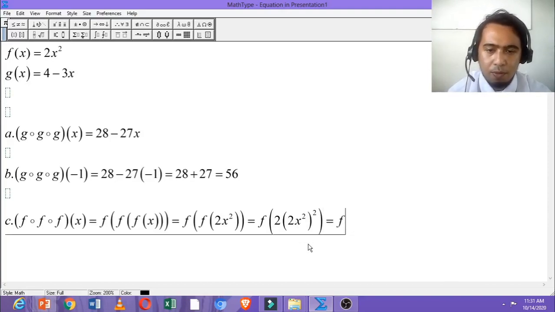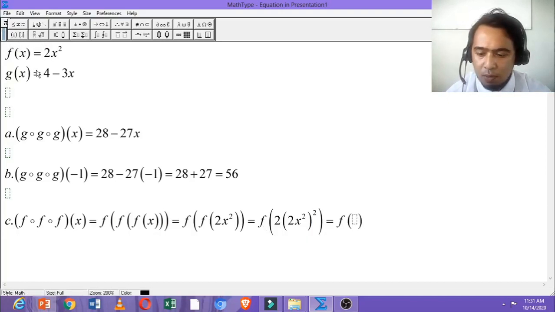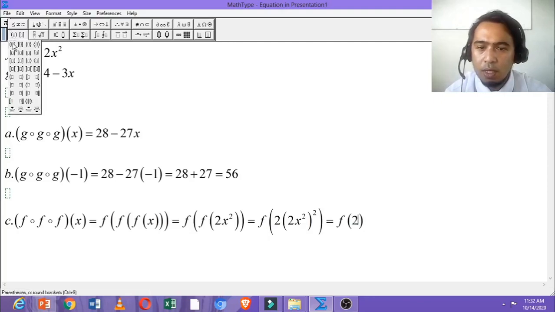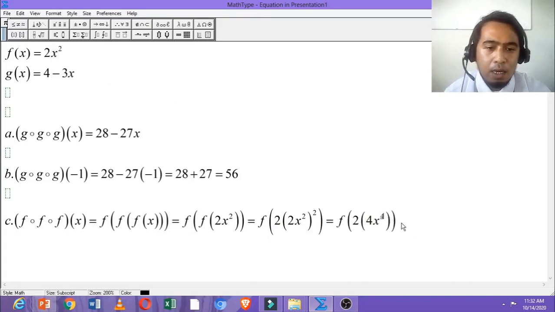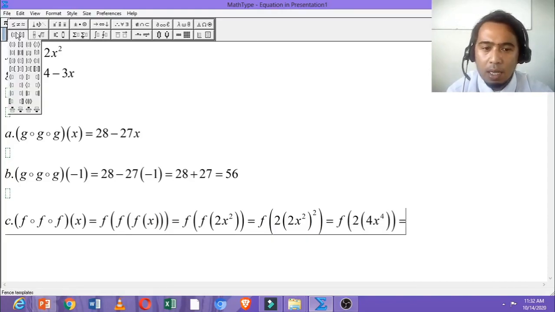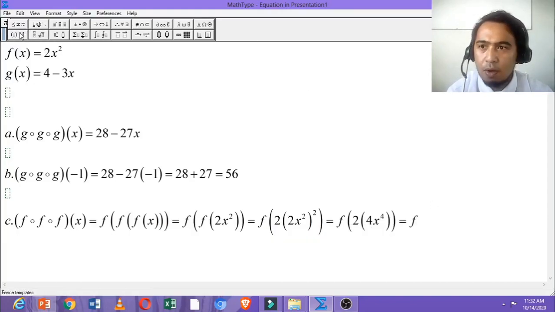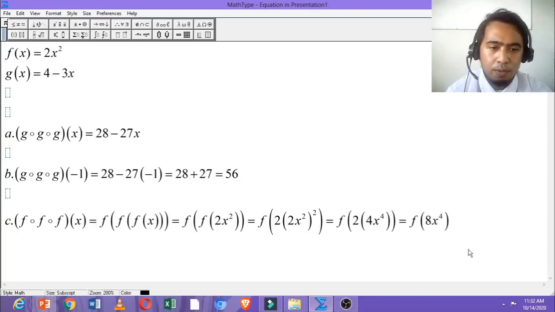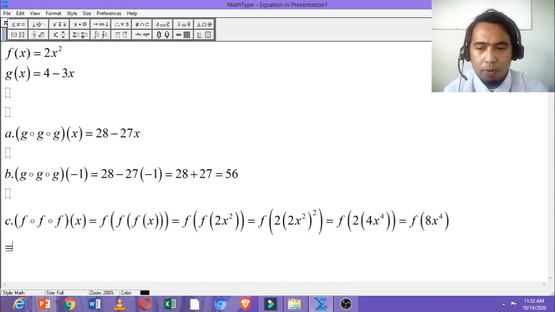So it will be f of 2 times 4x raised to the power of 4, and we can simplify it further. 2 times 4 is 8, then you will have x raised to the power of 4. So for the last part, you will be performing f of 8x raised to the power of 4.